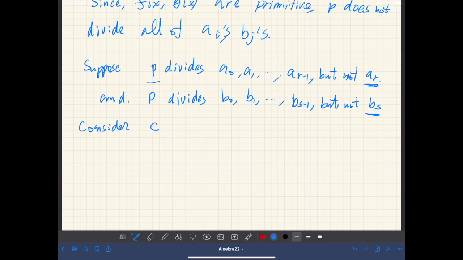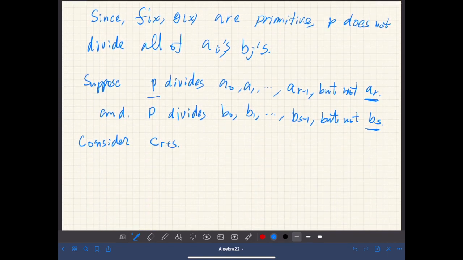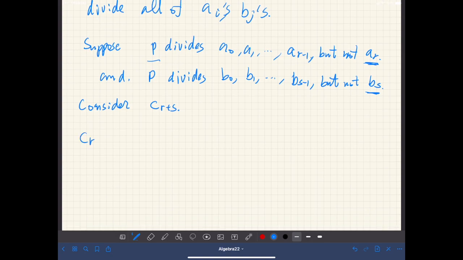the coefficient c_{r+s}. If we calculate this product and compare the coefficients, then c_{r+s} is the following sum: a0 times b_{r+s}, and a1 times b_{r+s-1}, and so on, and a_{r-1} times b_{s+1}.